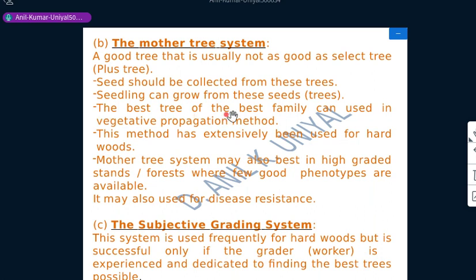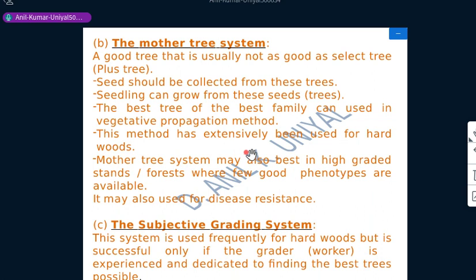Best tree of best family means, suppose you are selecting 10 trees under this system, and those trees have their progenies, seeds, under trial, and whichever offspring is performing best from any of those trees will be used for the vegetative propagation method.